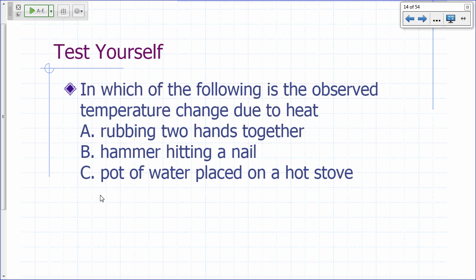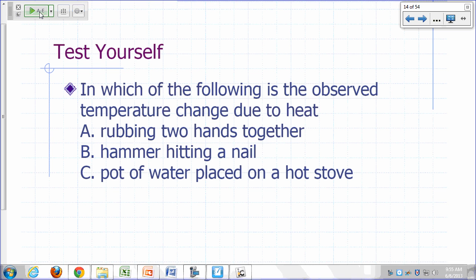If you hit a nail with a hammer, you'll notice if you touch the nail, it gets hot, right? Did you heat it? Is that temperature change due to heat? Or if you put a pot of water on a hot stove, is that temperature change because of energy transfer by way of heat? So which of these is due to heat?